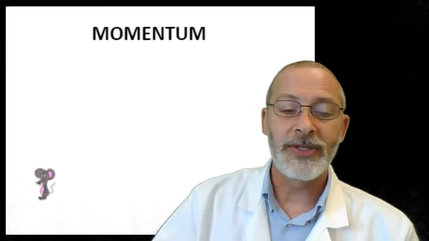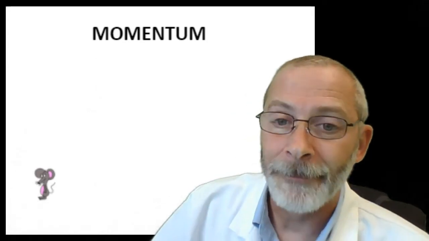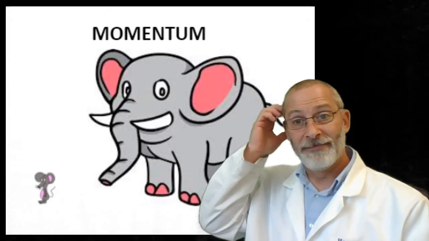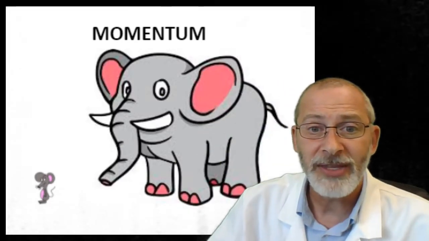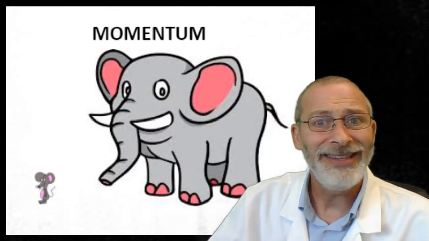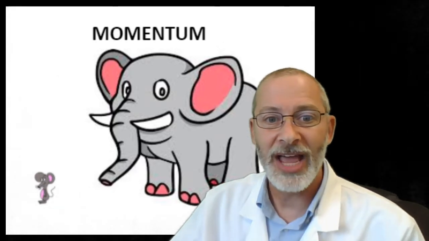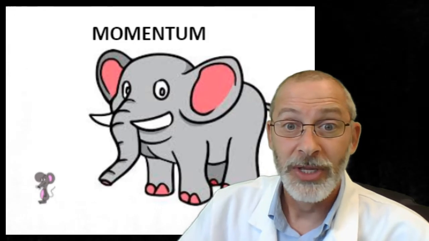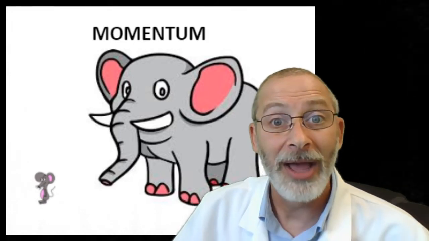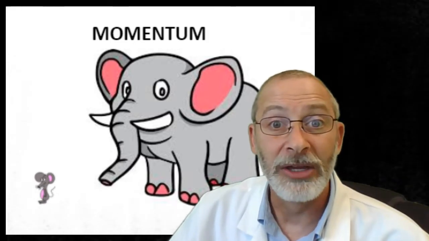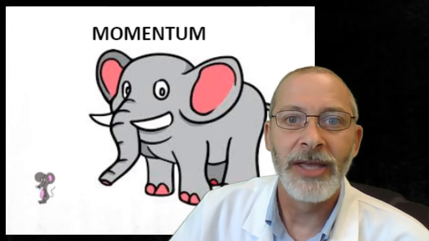You'd be increasing your momentum. How about an elephant? Are elephants afraid of mice? I think they are. I don't know if it's true or not, but if this elephant saw the mouse, the elephant might run away, right? The elephant would be increasing its momentum as well.